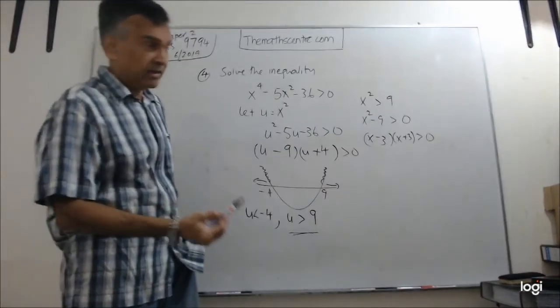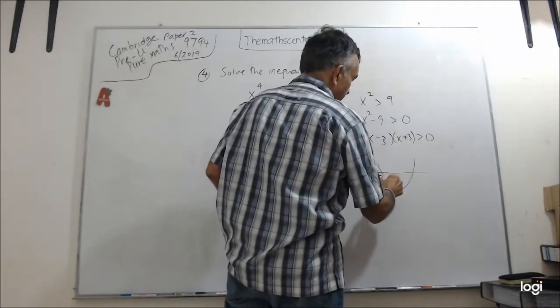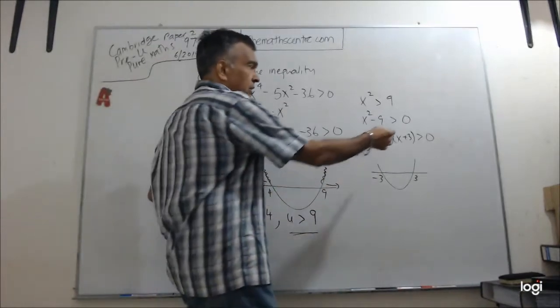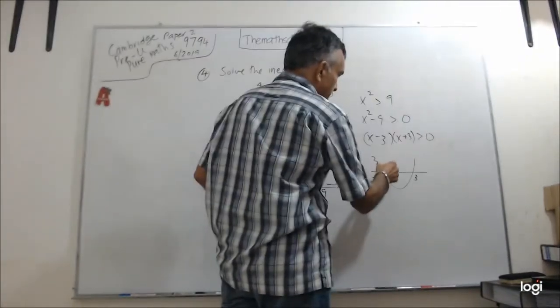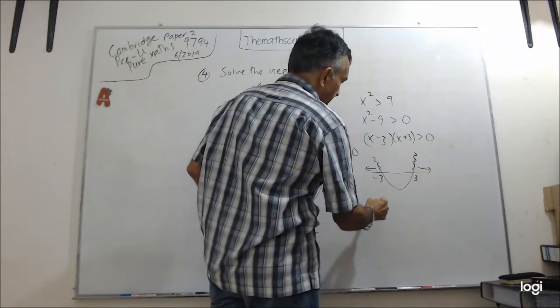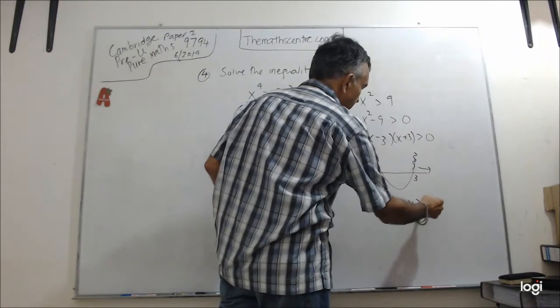Another quadratic inequality. I have minus 3 and 3. Then we are looking at bigger than 0, so this part. So your final answer is x less than minus 3, x bigger than 3.